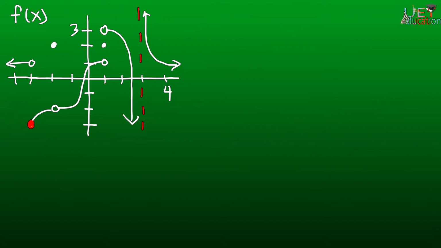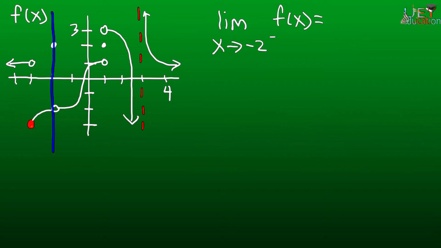Now let's work on some more problems. So what is the limit as x approaches negative 2 from the left side? Go ahead and try this one. So identify the vertical line at negative 2. We want to approach that line from the left side. Notice that the y value is negative 2.